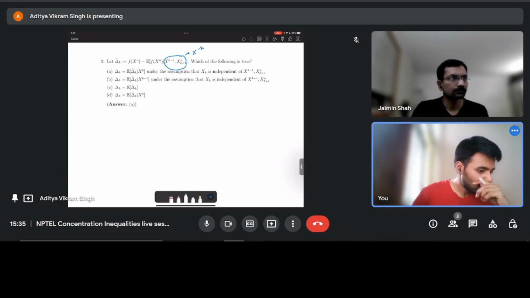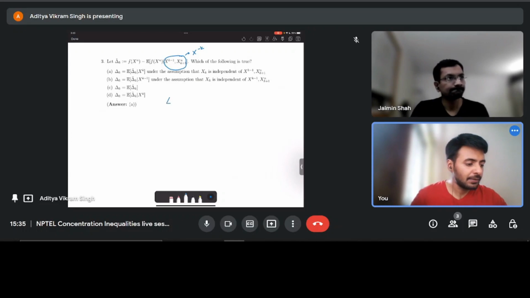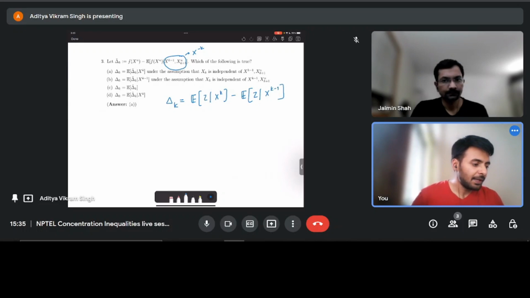So we have this delta tilde, and we want to relate it to delta k. What was delta k? Delta k is the expected value of Z given Xk minus the expected value of Z given Xk minus 1. Using independence, we want to write everything in terms of one expectation.